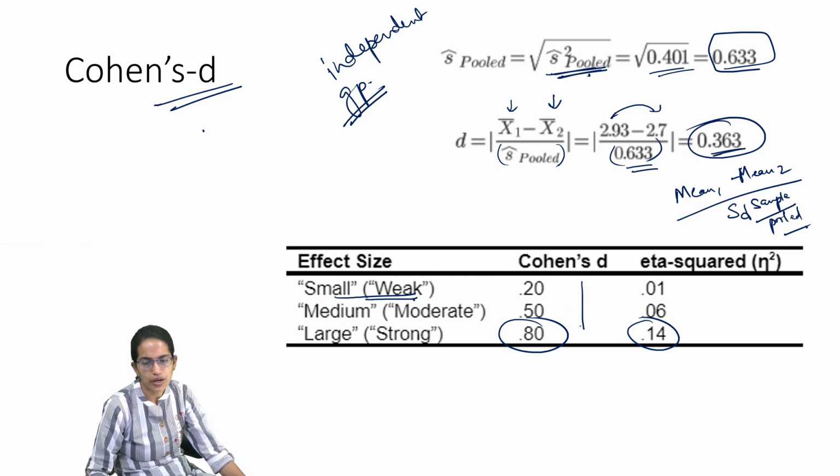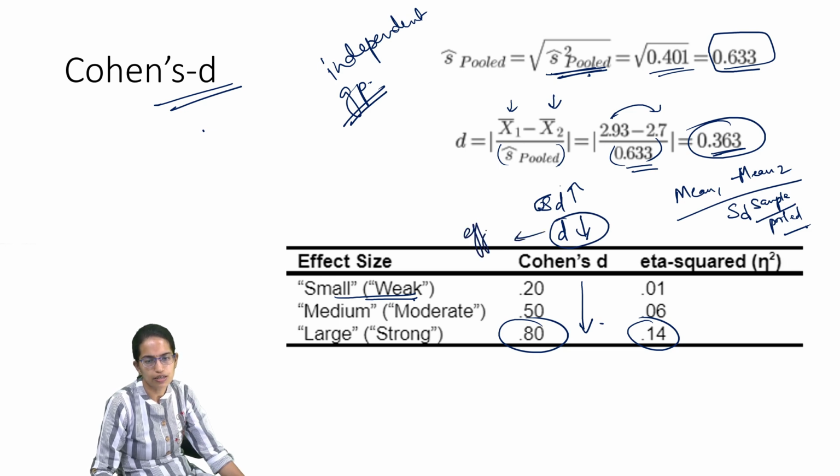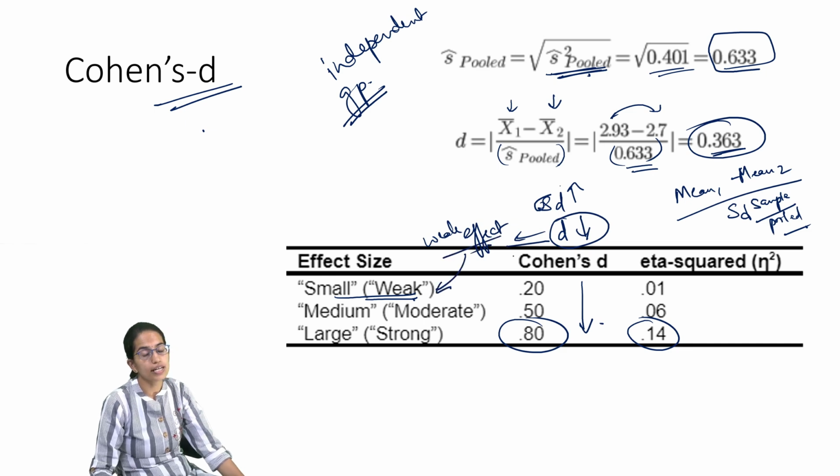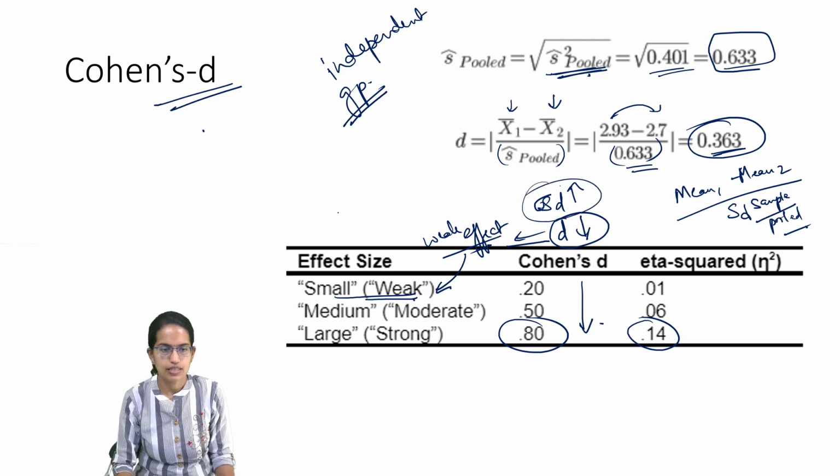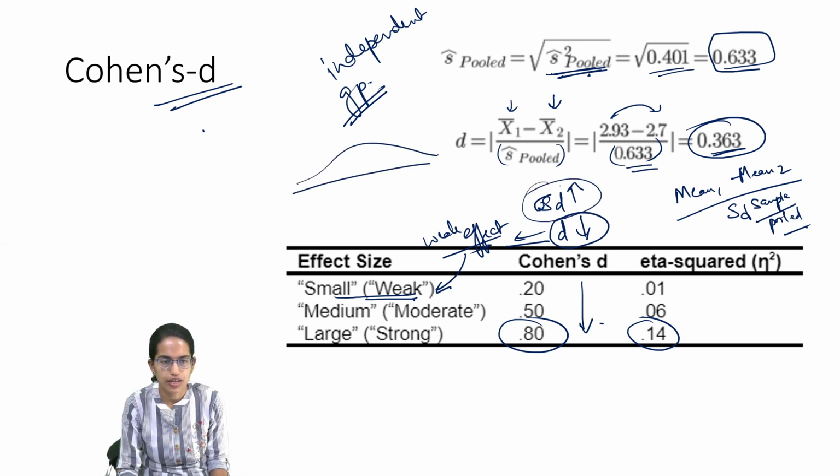As my standard deviation value increases, my d value reduces. If my d value reduces, my effect becomes weak. Clear? However, if my standard deviation is less, that means the variance that I am showing in the population is less.